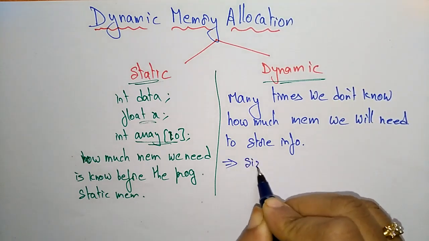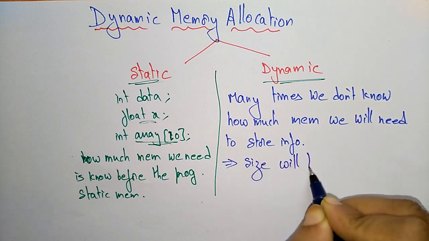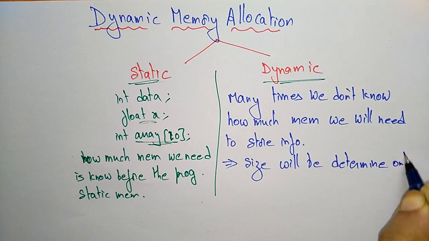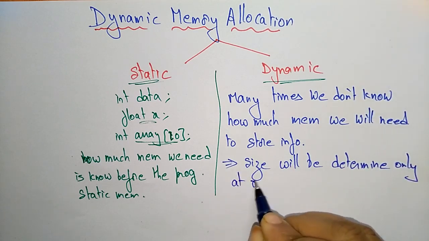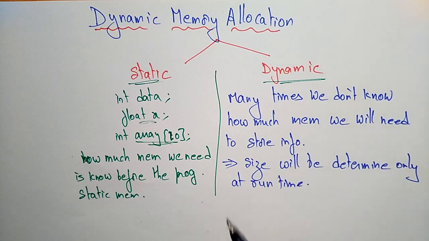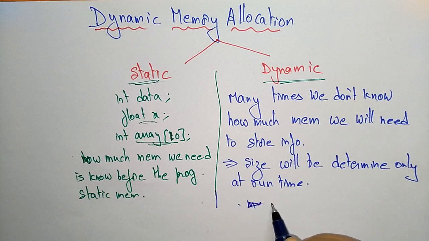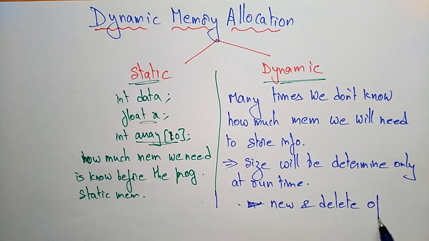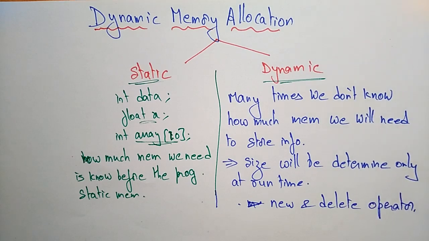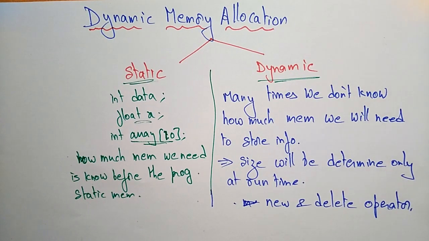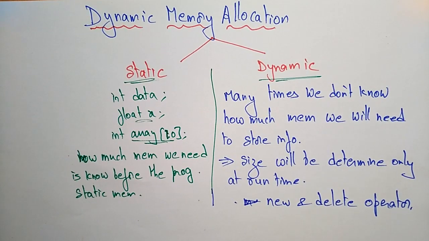So the size will be determined only at runtime. How will the size be determined at runtime? With the help of the new and delete operators, memory will be allocated to the variables, and that much memory will be used.